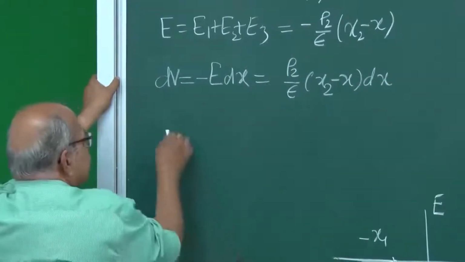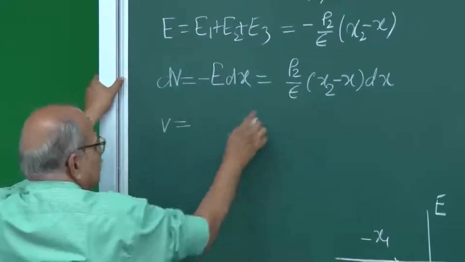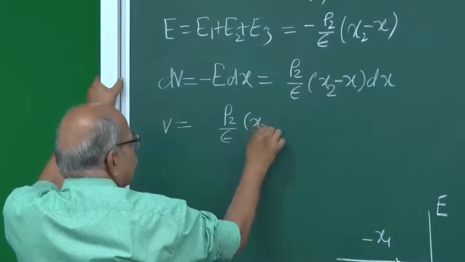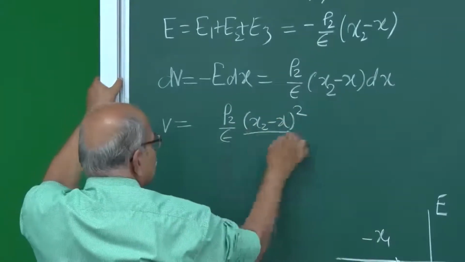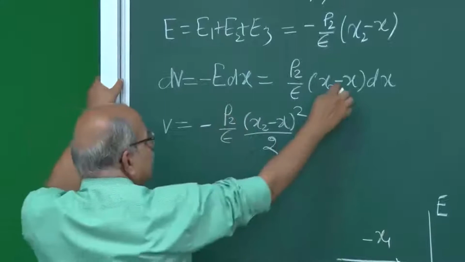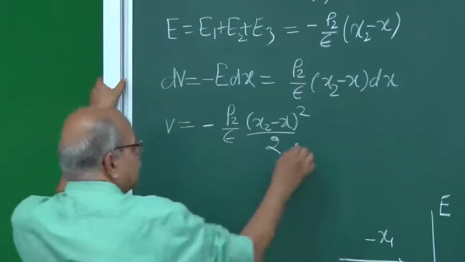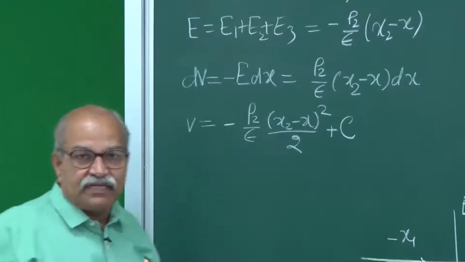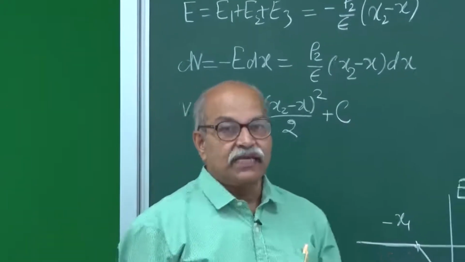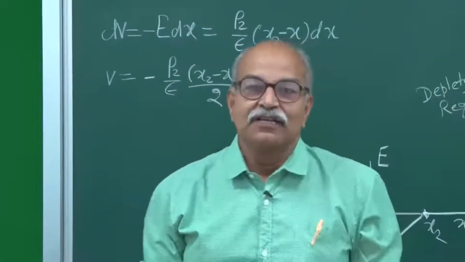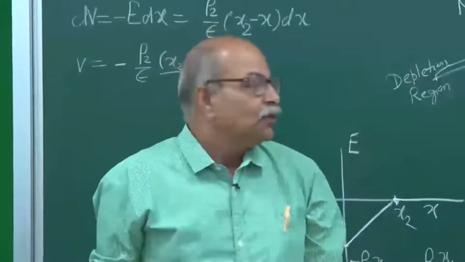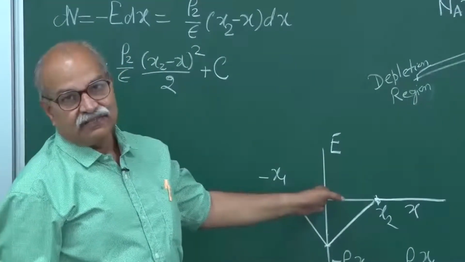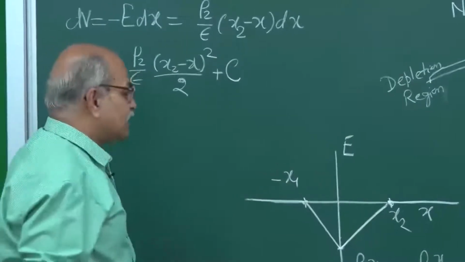If I integrate, you get V is equal to minus rho 2 over epsilon times (x2 minus x) square by 2, with a minus sign because you have the negative sign here, plus some constant. That constant can be evaluated by choosing a point for V equal to 0. We take the junction point itself, x equal to 0, as the point where V is 0. That is our choice.